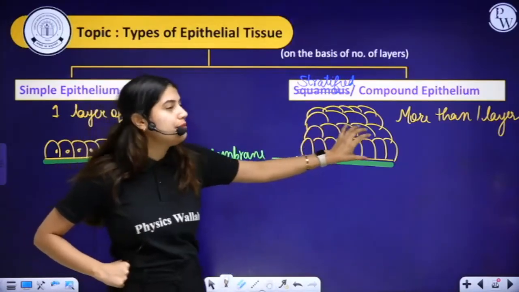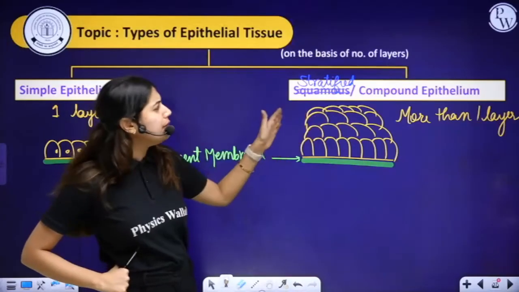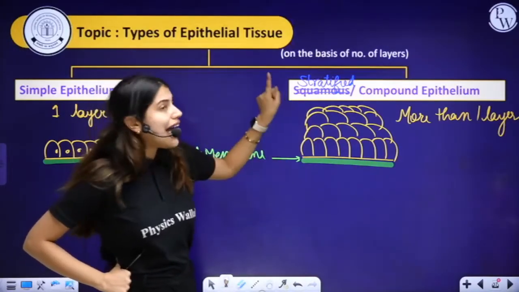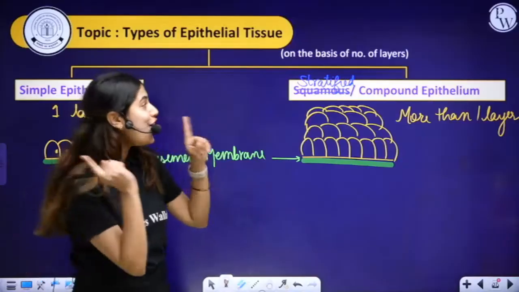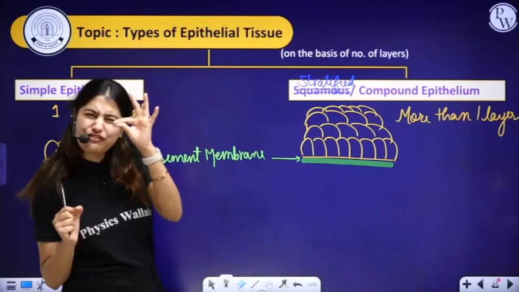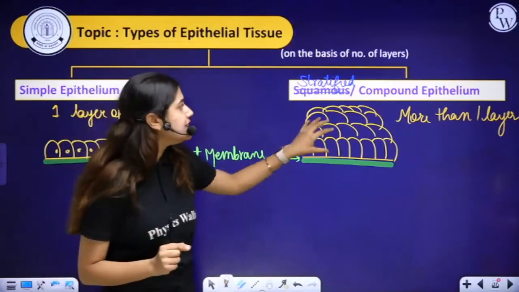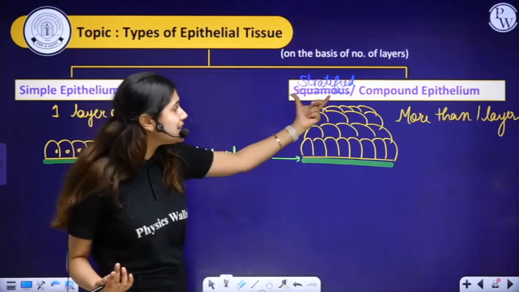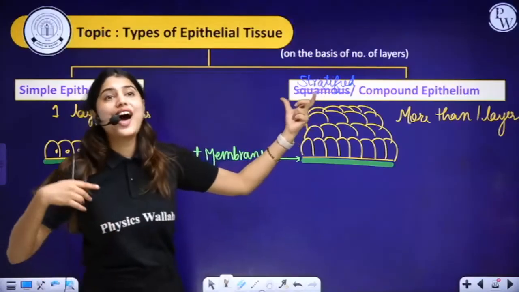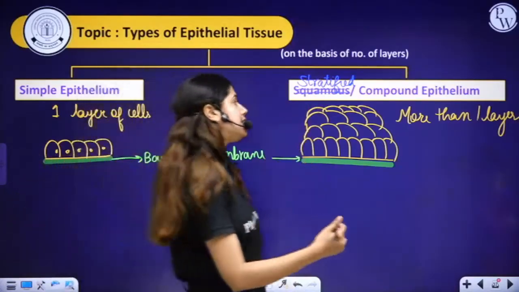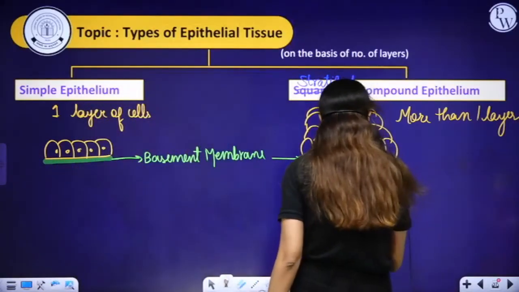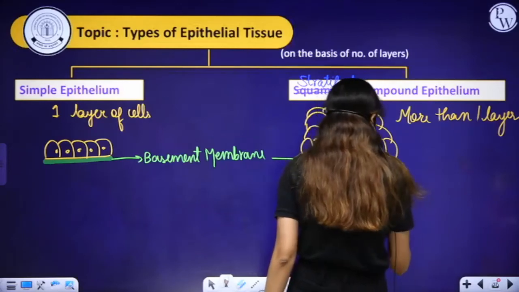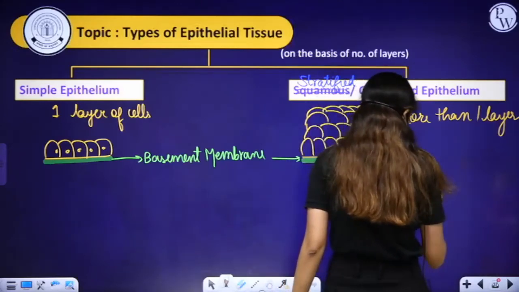At the bottom maybe I drew columnar, in the middle cuboidal, but at the top I drew squamous, very flat thin cells. Since at the top we have flat thin squamous cells, hence the name stratified squamous epithelium.